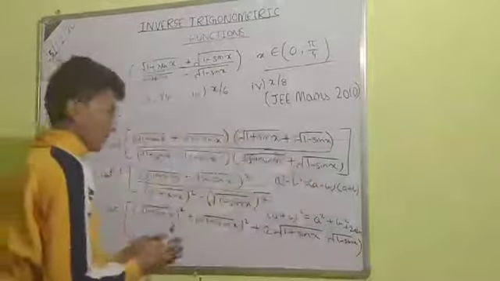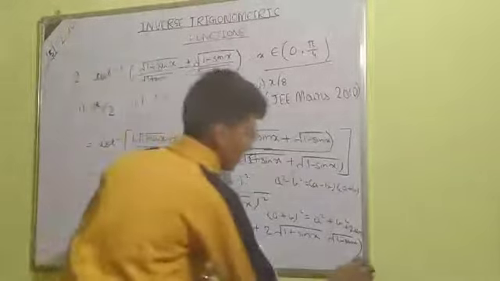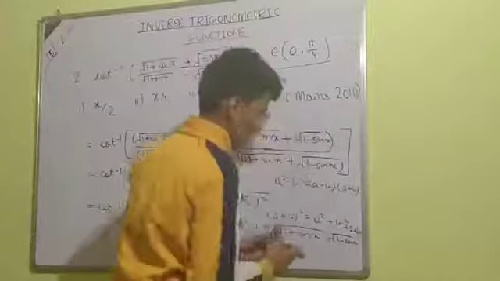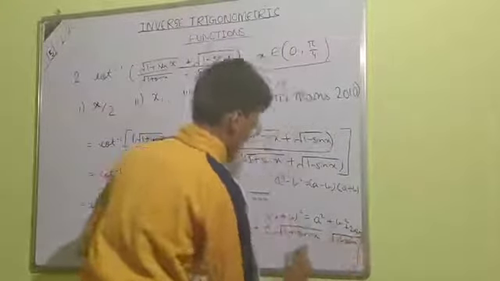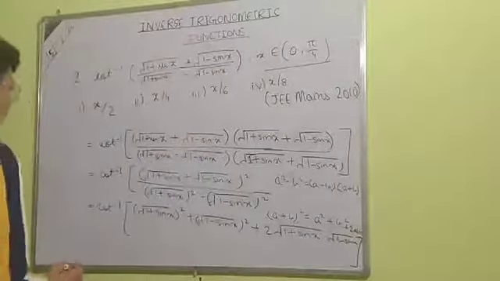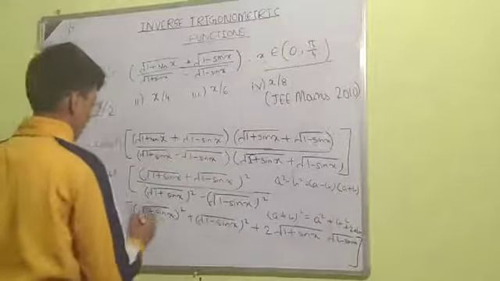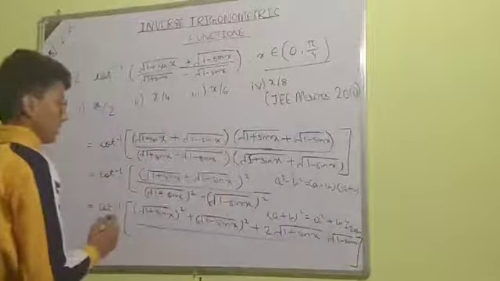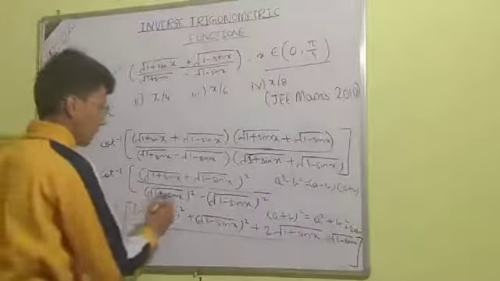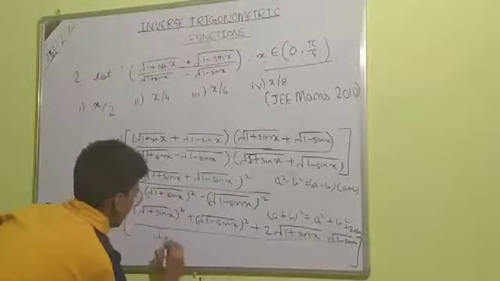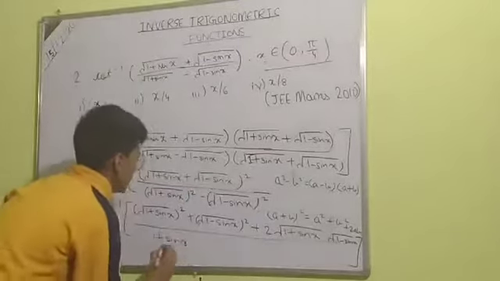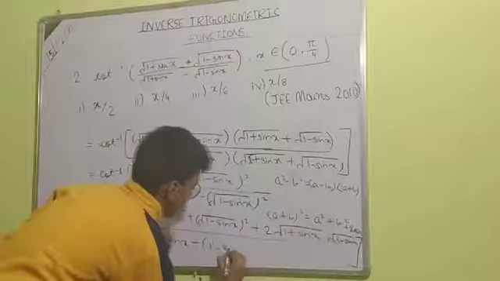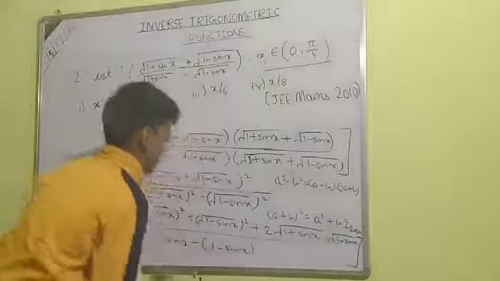Okay, this is it. Now in the denominator will be 1 plus sin x minus 1 minus sin x.